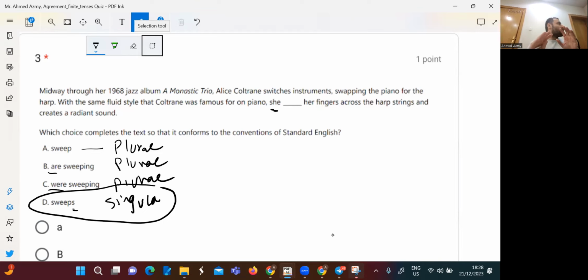Also, if we have a relative clause, the relative clauses start with relative pronouns like that, who, whom, whose, which. Also when and where. If you have them, you eliminate all of them. If you have anything between 2 commas, 2 dashes, 2 brackets, you need to eliminate them to match the simple subject with the simple verb. But here I don't have this problem. I don't have a separator. I have the subject she, and she is singular, so I have to say sweeps.